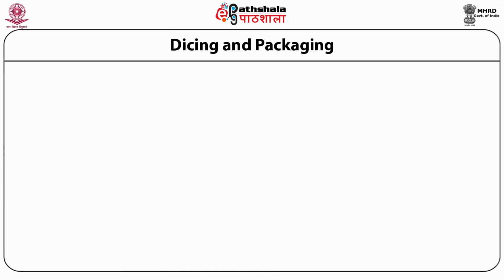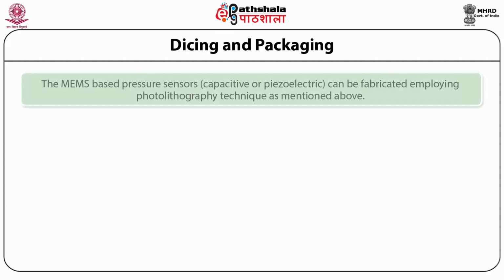However, after the fabrication of such devices, dicing and packaging play a major role. The MEMS based pressure sensors, whether capacitive or piezoelectric, can be fabricated by employing the photolithography technique, which we have discussed earlier.